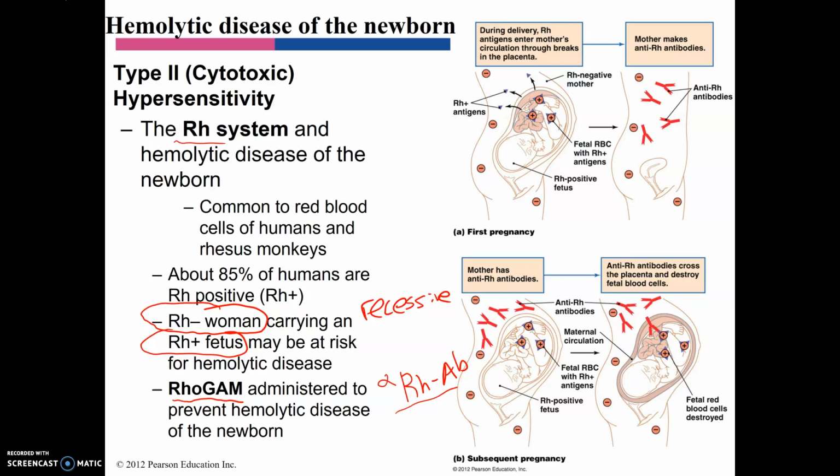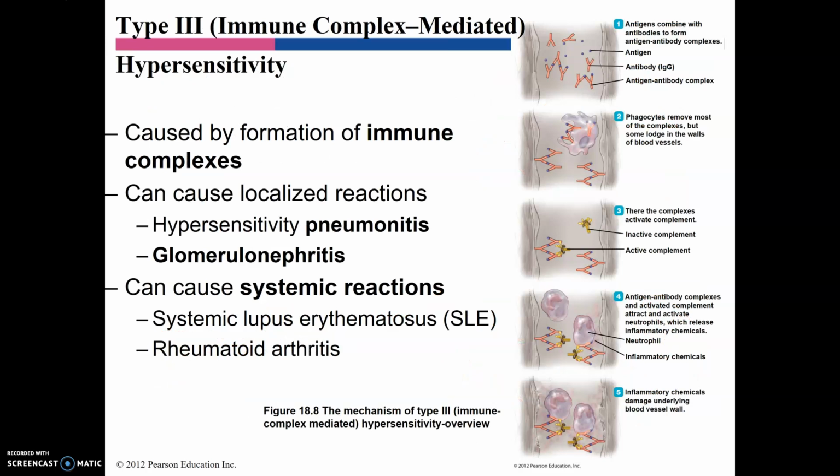RhoGAM is usually administered right before the birth, during the contraction stage, and right after birth, to make sure that she doesn't develop any antibodies to Rh and thus protect them. Okay, so that's hemolytic disease of the newborn, the second example, and it's also something that comes up during your virtual lab.